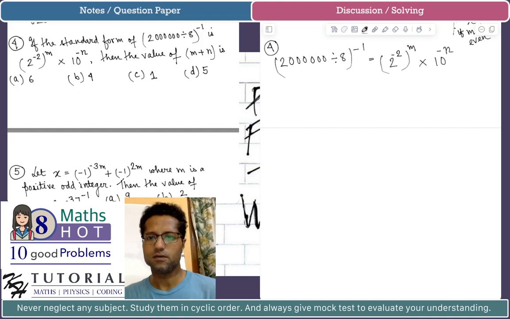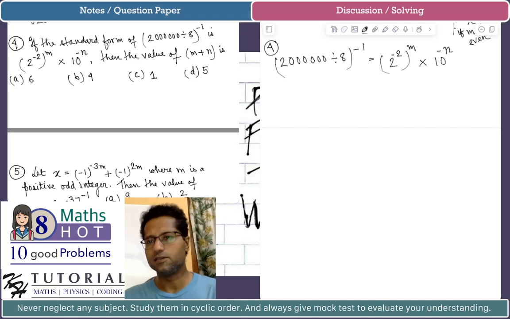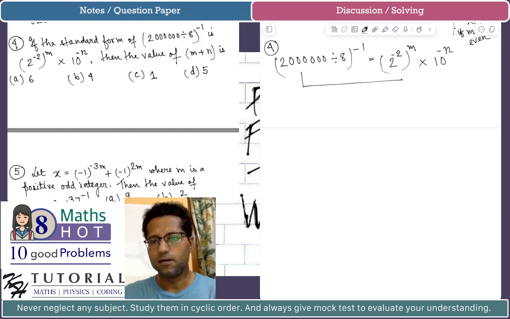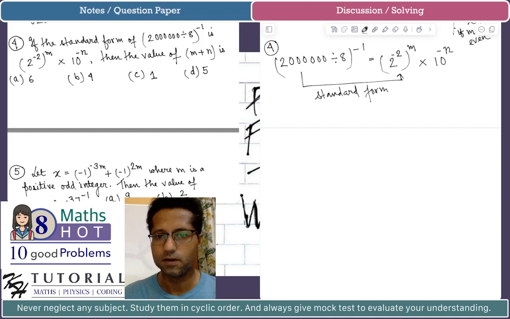So from this, it is not actually an equation, it is given that the right hand side is in the scientific or standard form, and this is the standard form of the number on the left hand side.